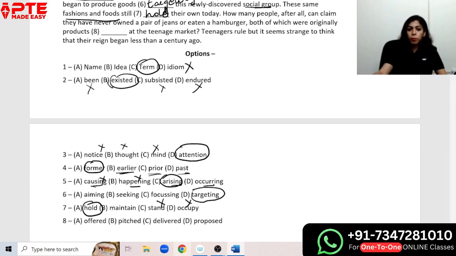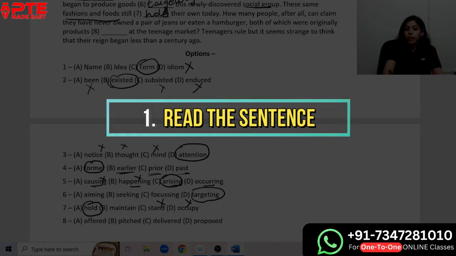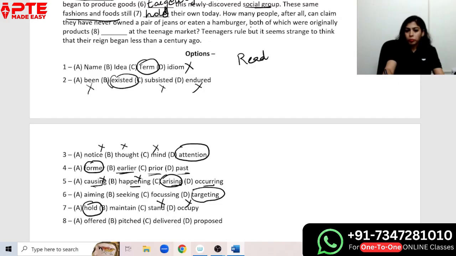Similarly, if you proceed further and look at the last one, but before that, I'm going to tell you a very important thing. Whenever we are doing either drop down blanks or reading fill in the blanks, we have to follow a strategy. Firstly, read the first sentence. We are going to read every sentence one by one.